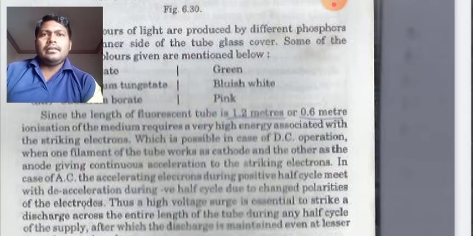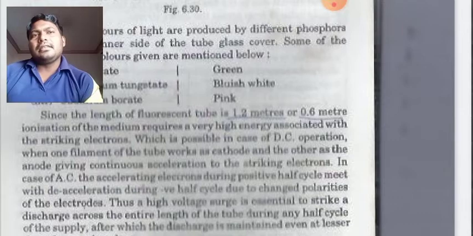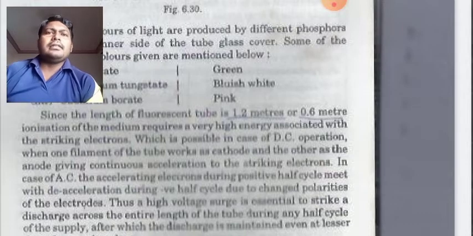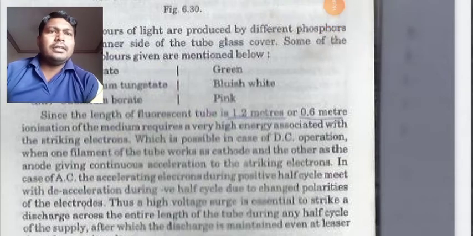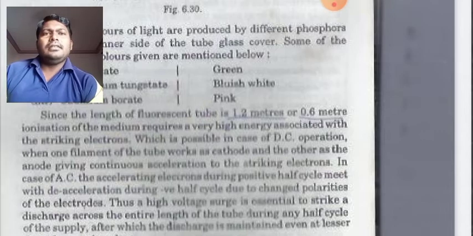In case of AC, the accelerating electrons during the positive half cycle meet with deceleration during the negative half cycle due to changed polarities of the electrodes. Thus, a high voltage surge is essential to strike a discharge across the dielectric strength.